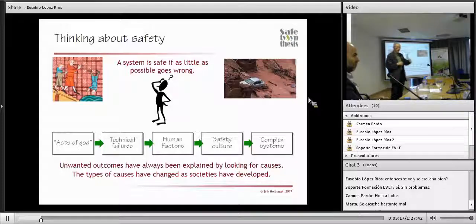It's a flooding somewhere, and some dam broke, and a lot of sludge came out. So we have always been thinking about safety, and when we think about something that goes wrong, the first question is why? Why did it go wrong? What is the reason why it went wrong?